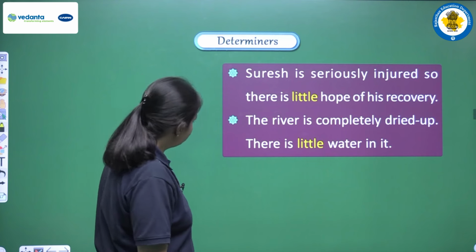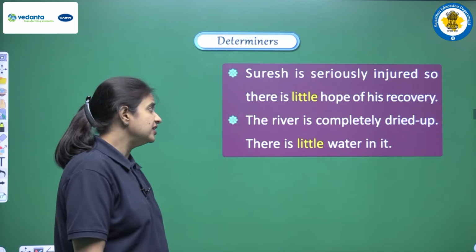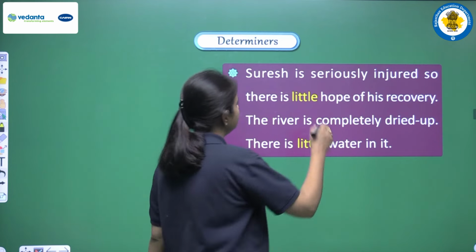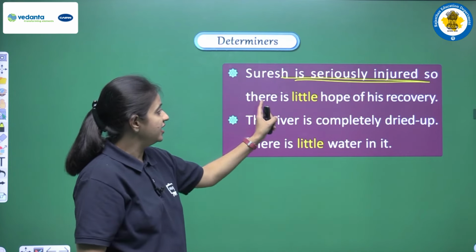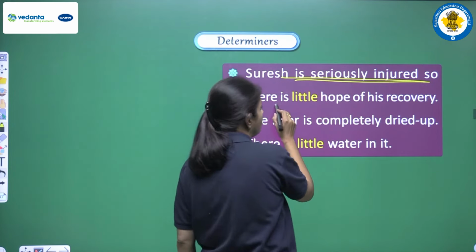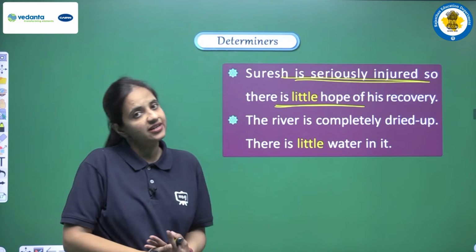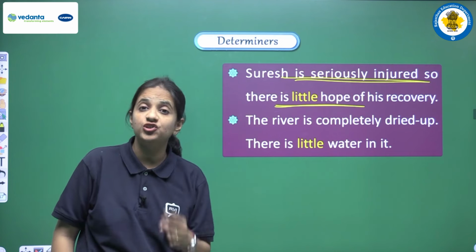Next, more examples. Suresh is seriously injured, so there is little hope of his recovery. Because Suresh is seriously injured, we are saying that there is little hope of his recovery, or we can say there is almost no hope of his recovery. Why? Because he was actually very seriously injured.